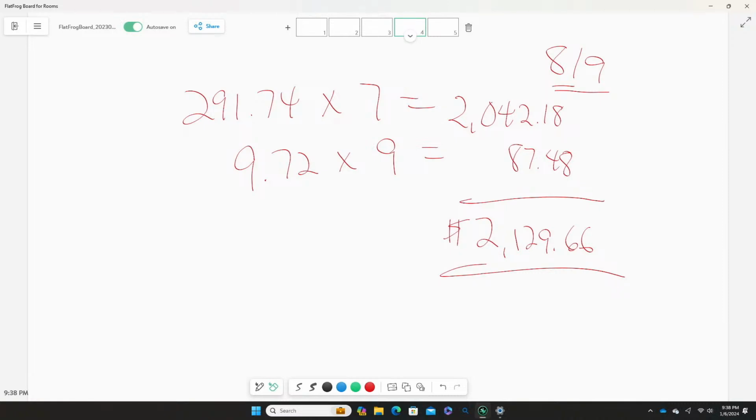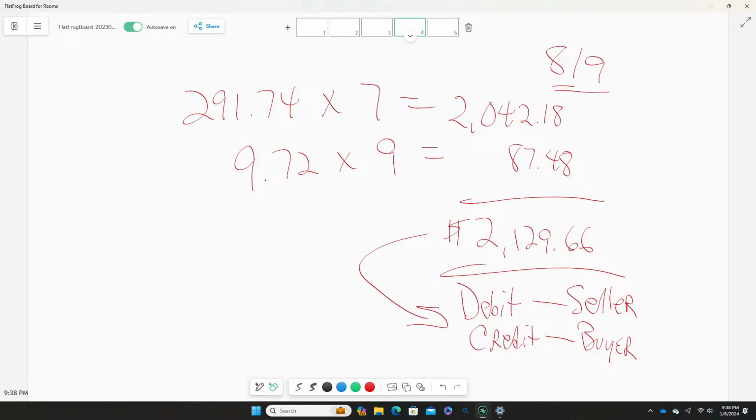This will be a debit to the seller and a credit for the same amount to the buyer on the closing statement. Now, again, this is based on closing on August the 9th.